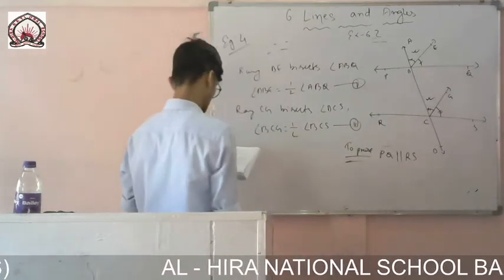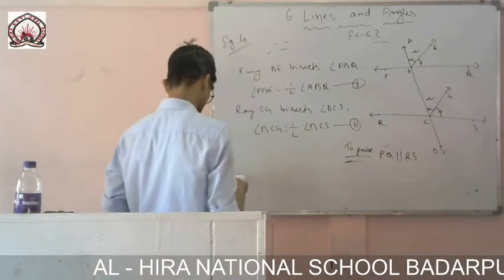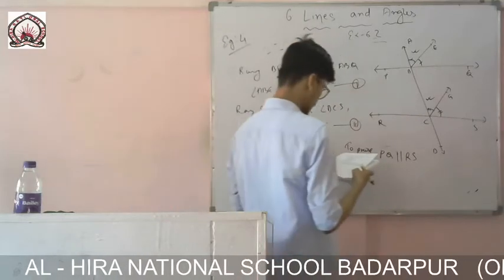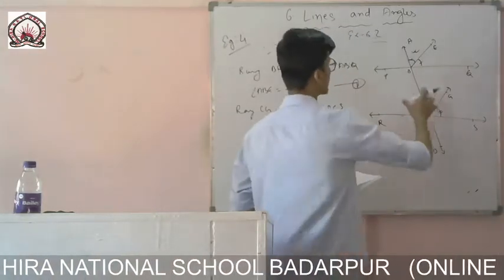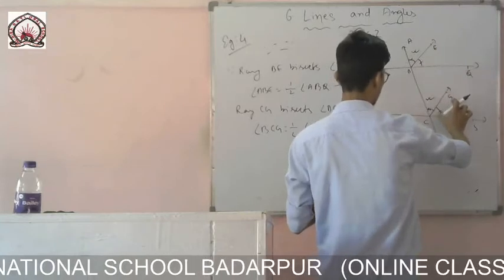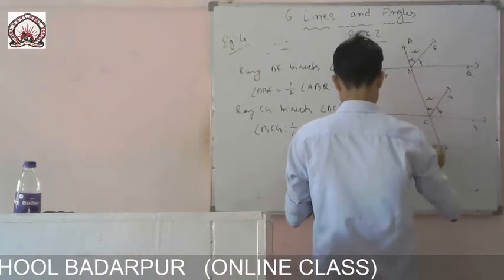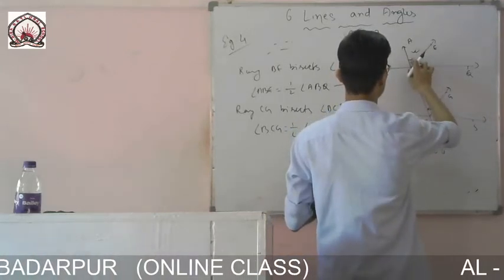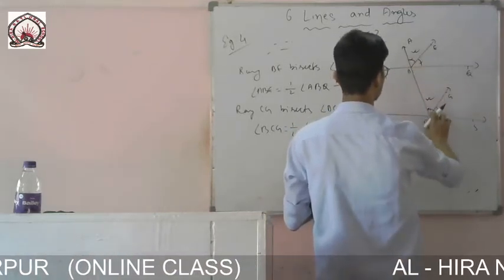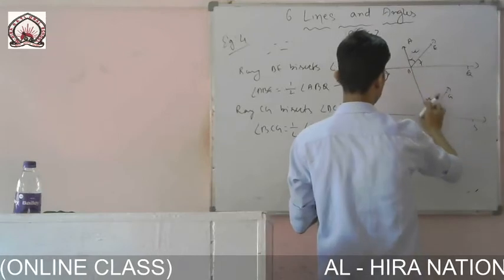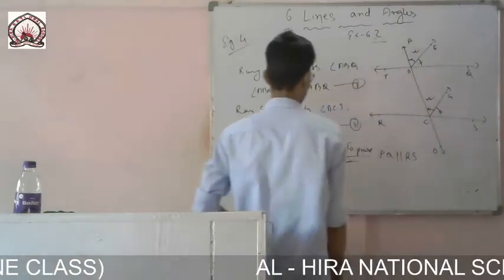From 1 and 2, one more thing is there. It is given in the question that BE is parallel to CG. These two lines are parallel. That means this angle and this angle, ABE will be equal to angle BCG, because they are corresponding angles.